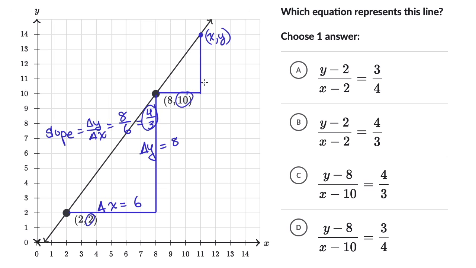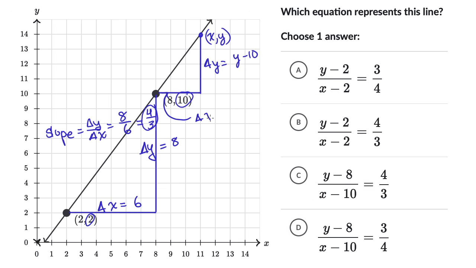So what would be my change in y here? I'm not going to literally try to calculate this point. You can try to look at it and say, oh, that looks like 14. But let's assume this is some arbitrary x and y. Well, if you had to calculate this change in y, you would say change in y is equal to y minus 10. And then what's this change in x right over here?